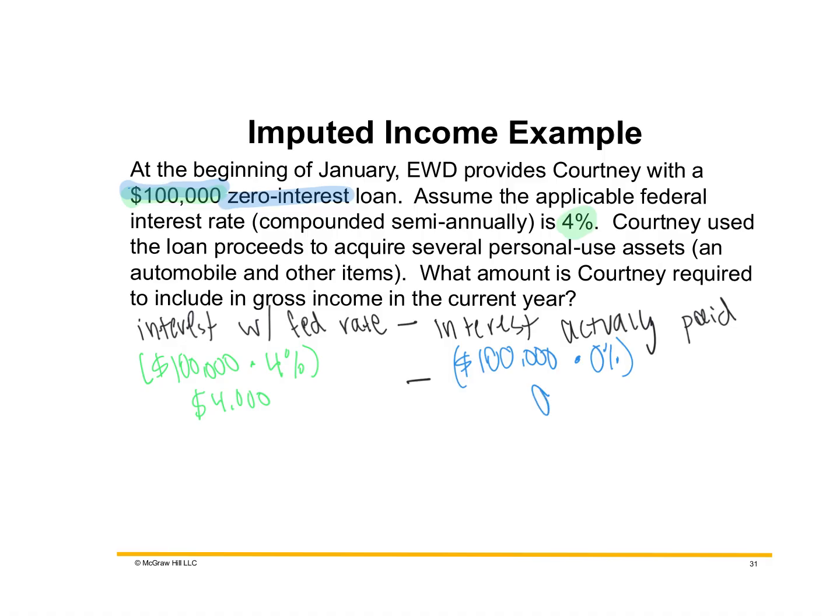So then the amount of imputed interest income we have to include is $4,000 minus 0. That gives us $4,000 we have to include.